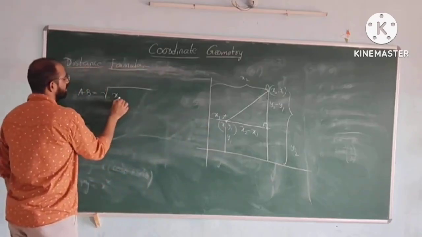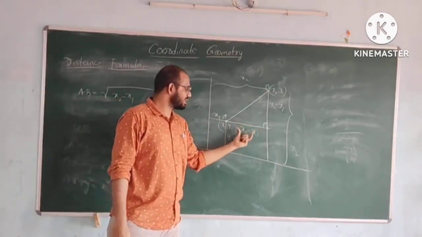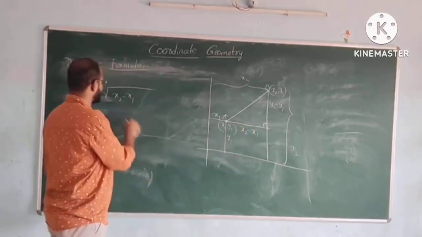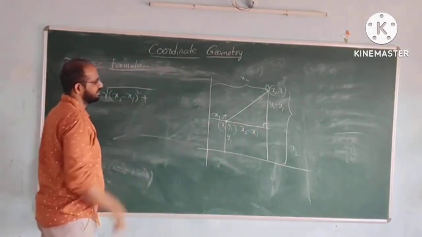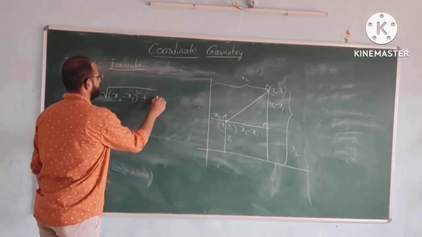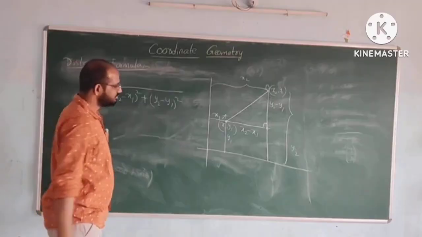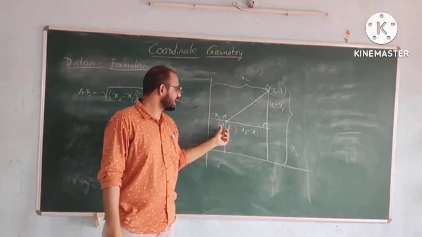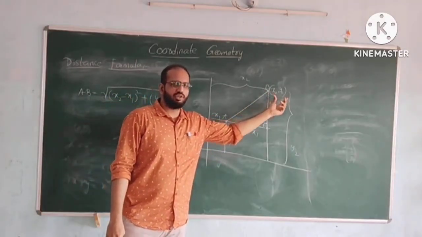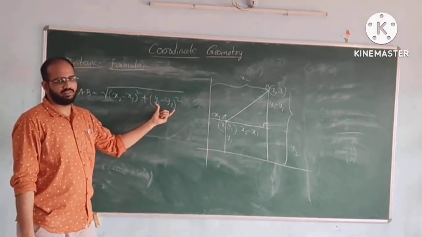One side is x2 minus x1, so that square is x2 minus x1 whole square. The other side is y2 minus y1, so it is y2 minus y1 whole square. So the distance between the points x1 comma y1 and x2 comma y2 is root over x2 minus x1 whole square plus y2 minus y1 whole square.